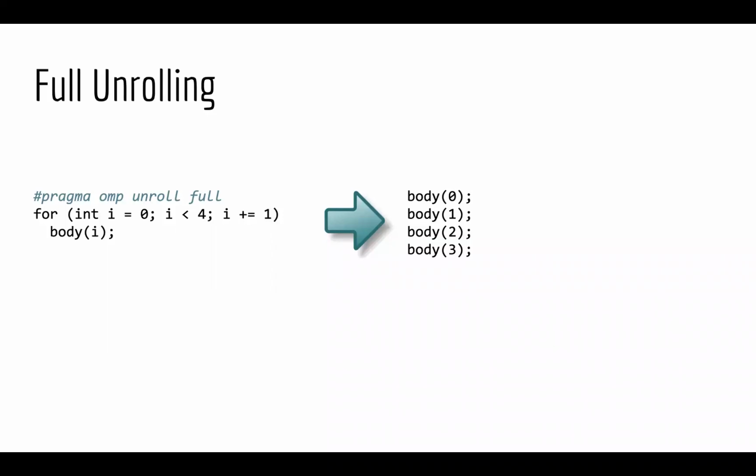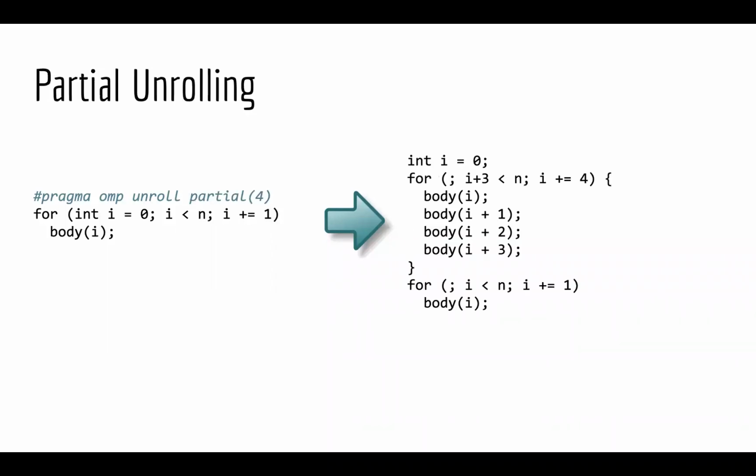Next slide, please. The second mode is partial unrolling, where the trip count of the loop does not need to be known, but we are going to have a remainder loop to execute the instances which are not a multiple of the unroll factor. Next slide, please.